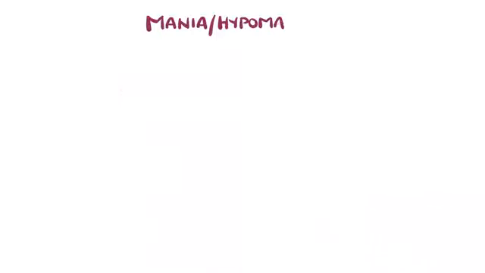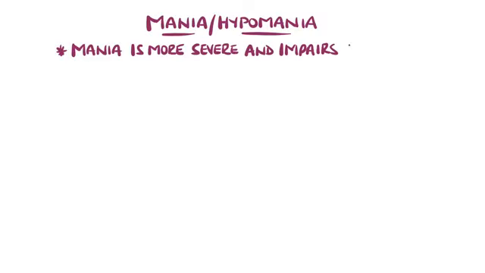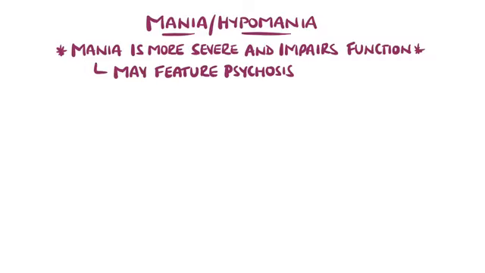Then there are symptoms of mania or hypomania. These are features of an abnormally elevated mood. Mania is more severe and impairs day-to-day functioning and may include psychosis, leading to a misdiagnosis of schizophrenia.